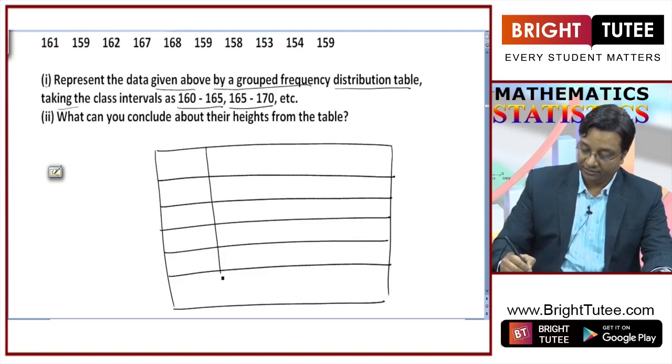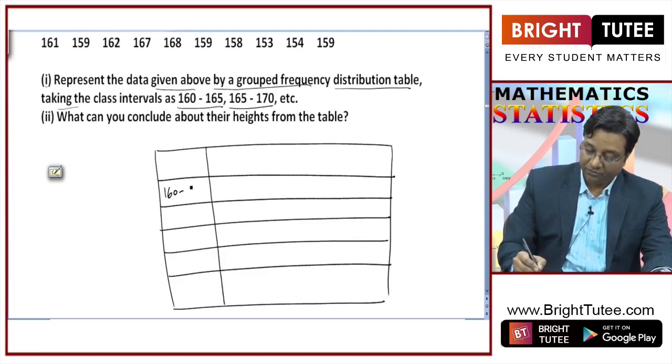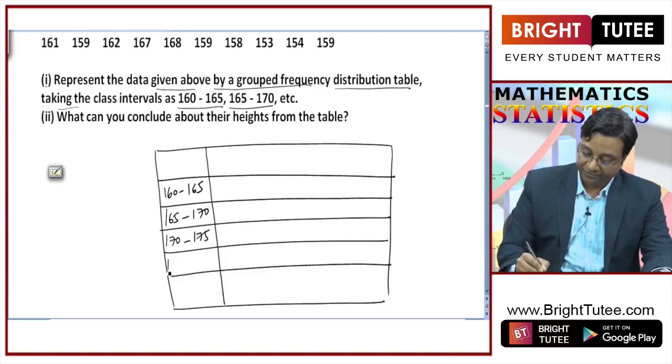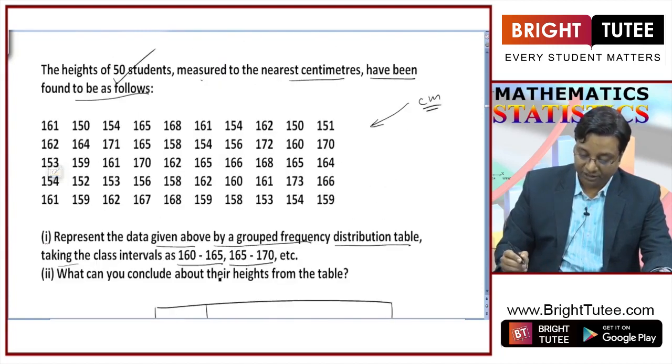So what are the classes? 160 to 165, 165 to 170, 170 to 175, 175 to 180, 180 to 185. Do we require more than 185 here?